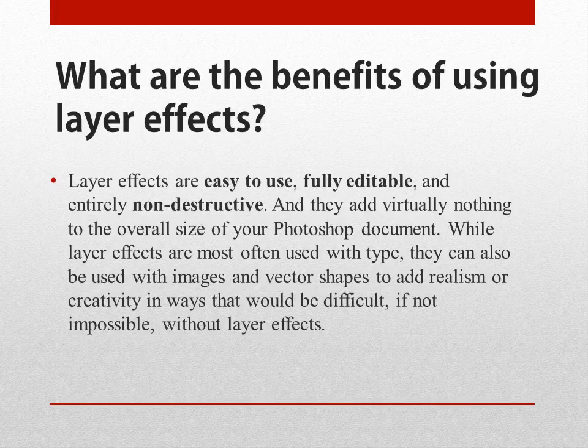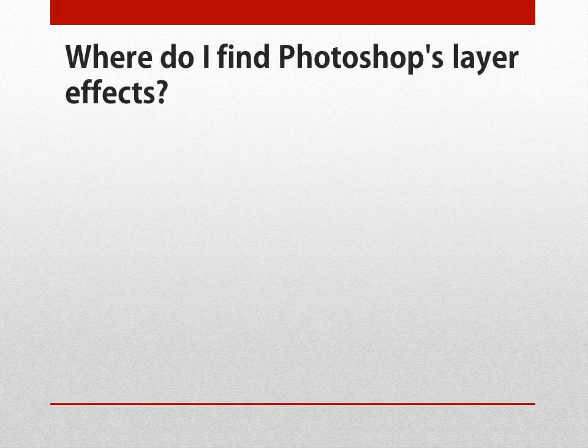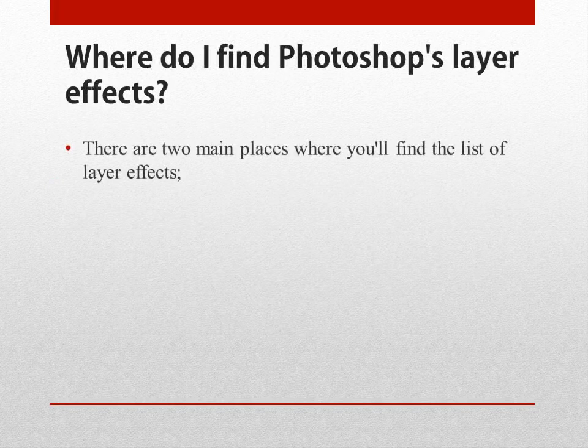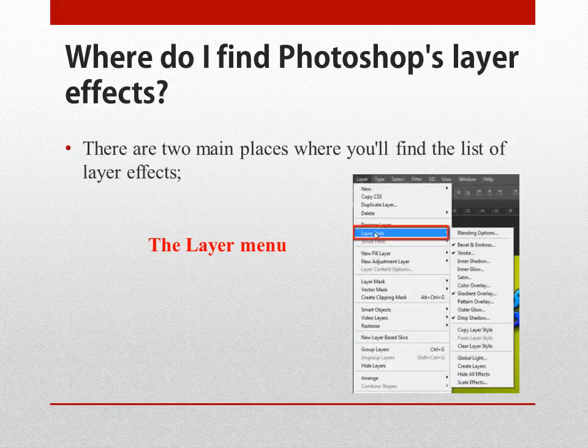The question is, where do I find Photoshop's layer effects? There are two main places where you'll find the list of layer effects. One is from the layer menu. All you have to do is go to Layer, Layer Style, and then choose your layer effects.